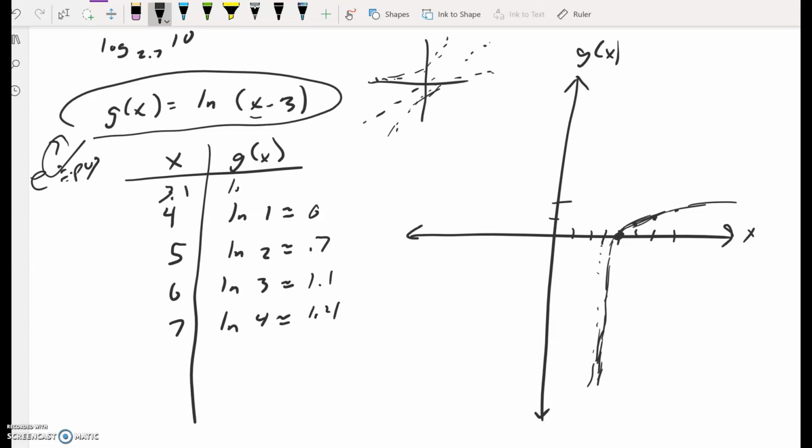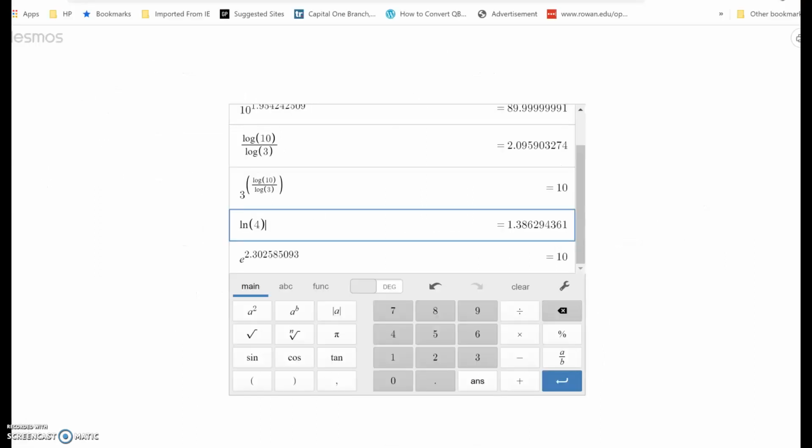So that'll be the natural log of 0.1. And we could come over here, and put in 0.1, and that's negative 2.3. What about 0.01? Negative 4.6, and so it just keeps getting more and more negative.